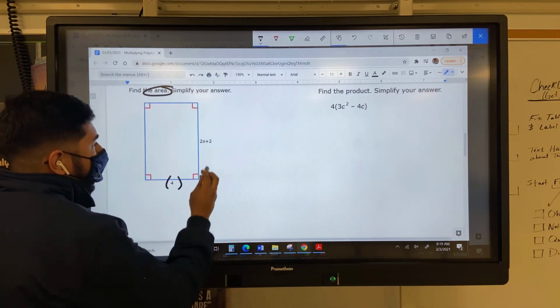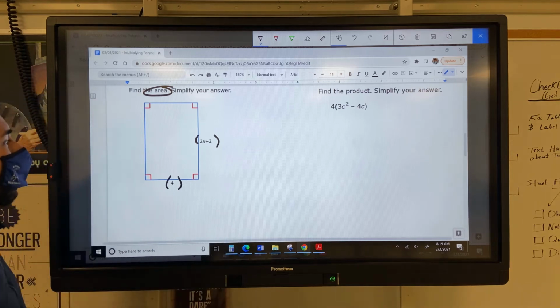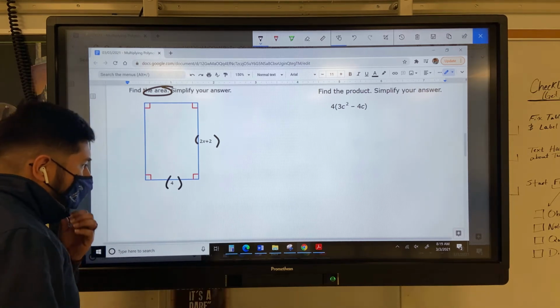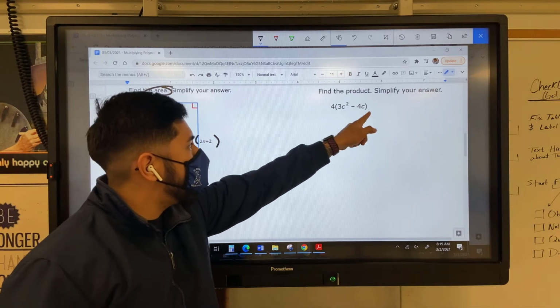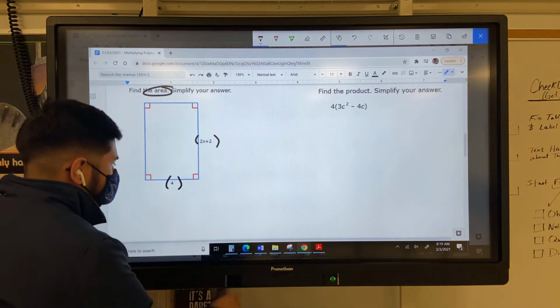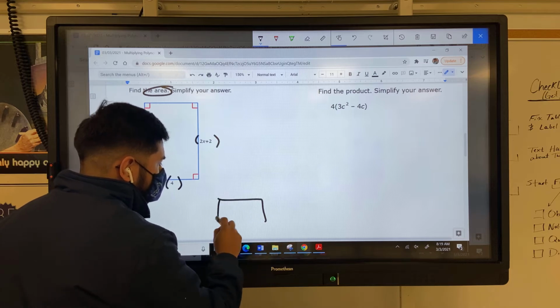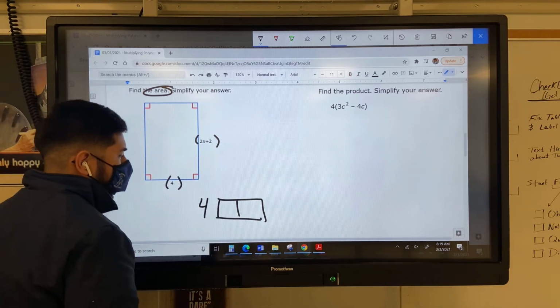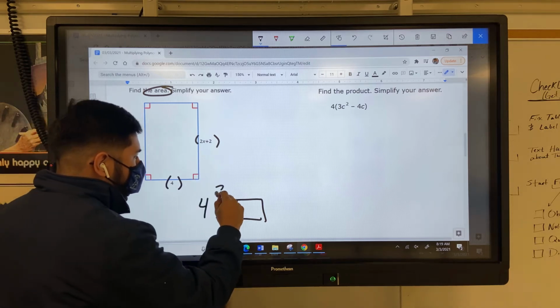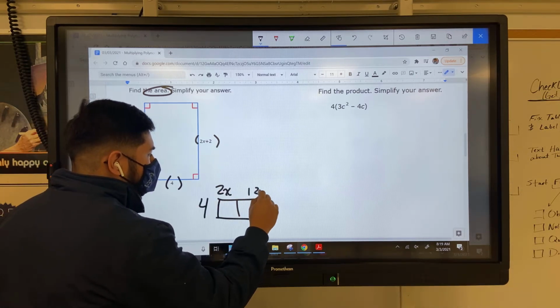I have a 4 times a 2x plus 2. Now, how do I set this up? You could do one of two things. You could make it look like this, or you can actually do the box like this. So I'm going to put the 4 on the side, 2x plus 2 up top.